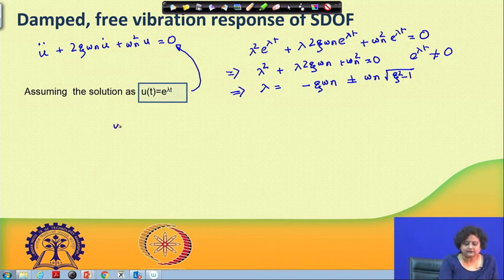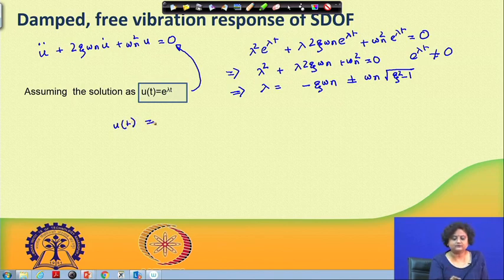So, once we get the two roots, we can always write the response. Since this is a second order differential equation, we have two roots and therefore two unknown constants that we have to solve for.